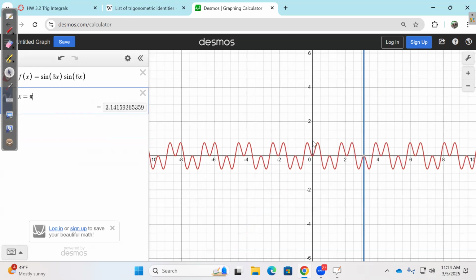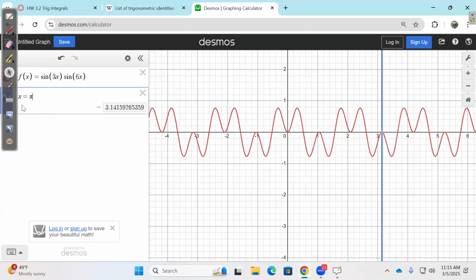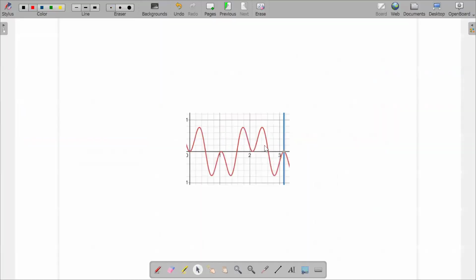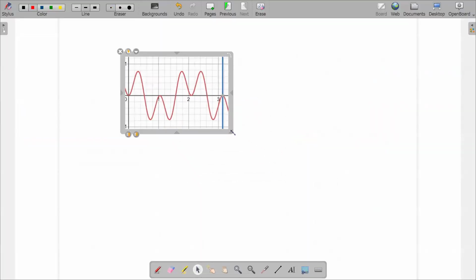So we've got part of an up here, and then we have a symmetric down. So those two looks like they should cancel out. Let me just blow this up and screenshot it to confirm. On that page, let's put it on a new page.